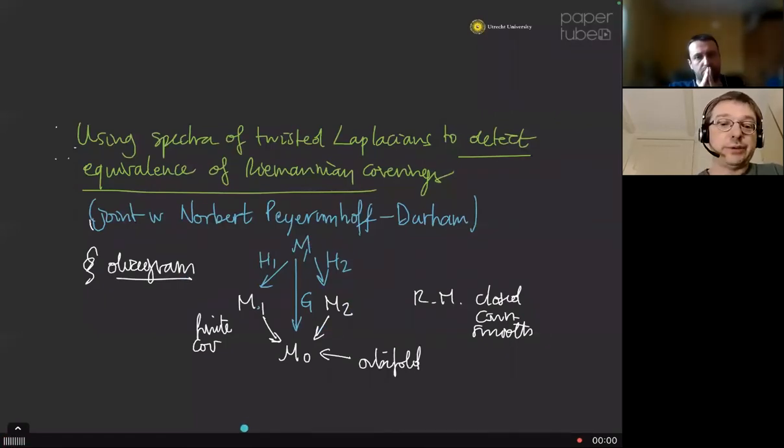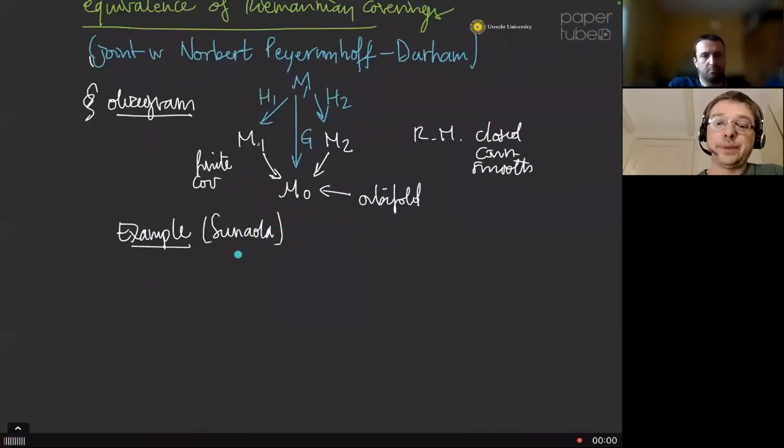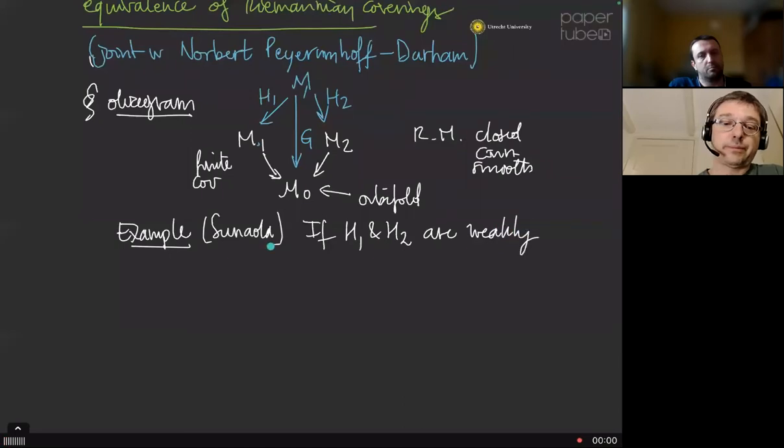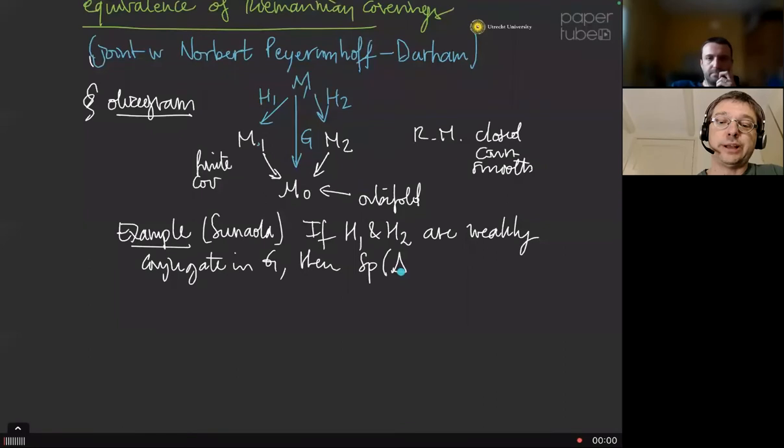This is the most famous example, well, example is maybe the wrong word, of using this. If you have such a diagram, and if these groups are, it's a purely group theoretical condition, weakly conjugate in G, I'll explain in a second, then what happens? Then you know that the spectra of the Laplace operators on these two manifolds are the same.